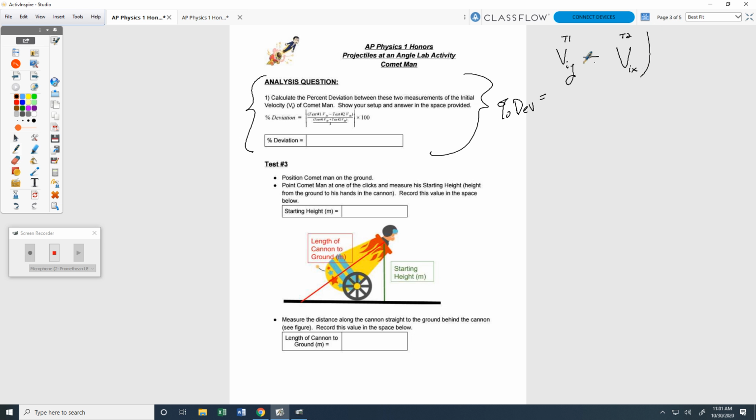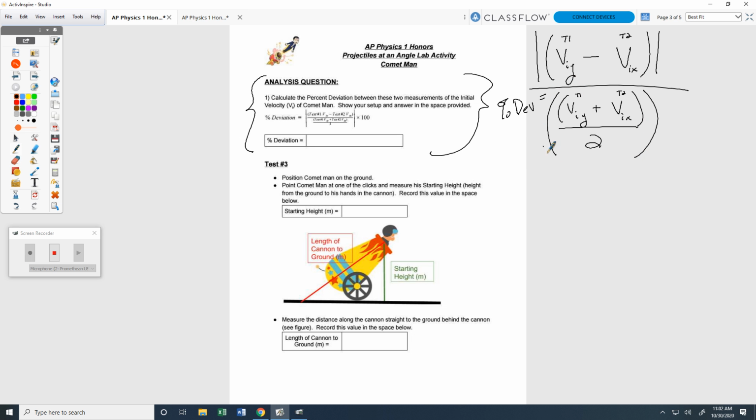Now we usually do an absolute value, so I don't worry about which one's larger and smaller. And then on the bottom, you're going to take the average of those two numbers. So you're going to have your Viy from test number 1 plus your Vix from test number 2, add them together, divide by 2, and that's what's going to be on the bottom.